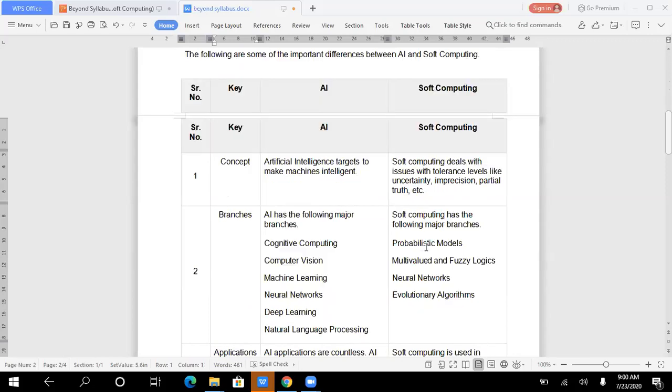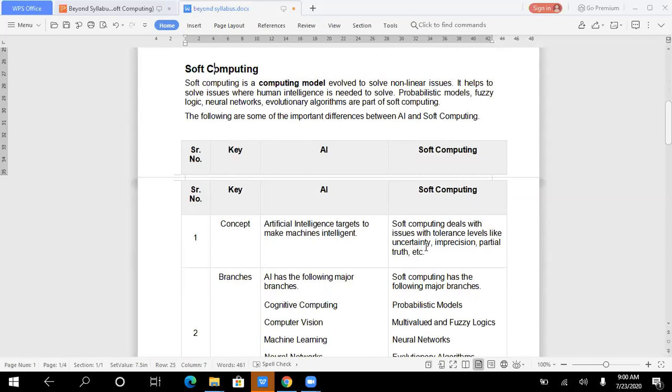Next thing is soft computing. Now, what is soft computing? Soft computing is different from artificial intelligence, not completely different, but it is a different platform. Artificial intelligence is a science, but soft computing is just a computational model. It is a computing model which evolved specifically for non-linear problems, or problems faced in real-life situations where we are not very clear about the input and we do not have an exact output.